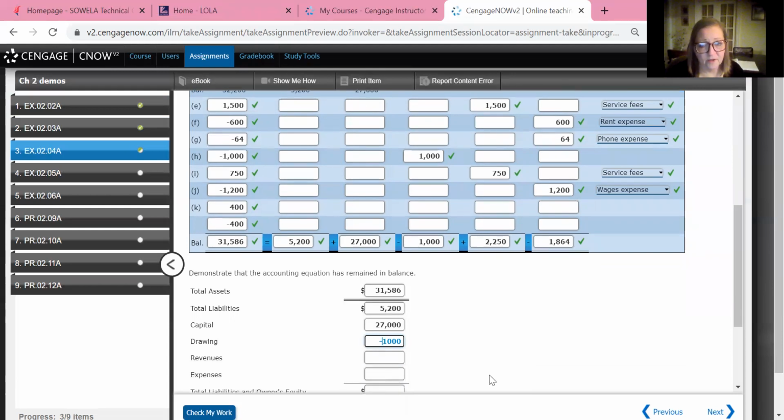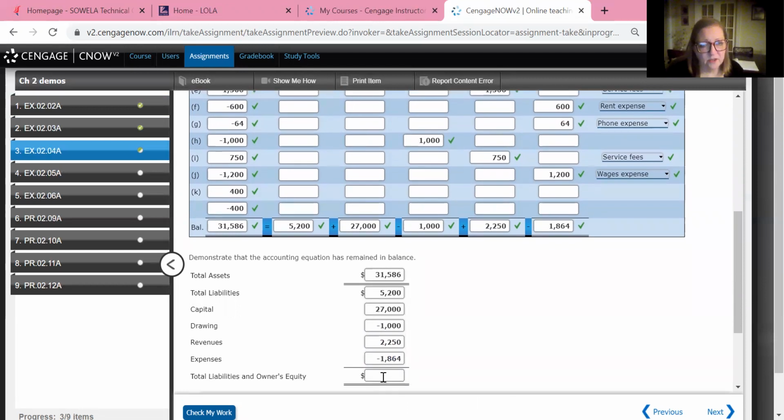Now, the reason we're putting a minus on it now is because we're saying what does it do to the total claim side of the accounting equation. And then 2,250 for the revenue, and then a negative 1,864 because of its impact. That's the impact it's having on equity. So the total claims is the total liabilities and equity, and that's going to be that same 31,586.